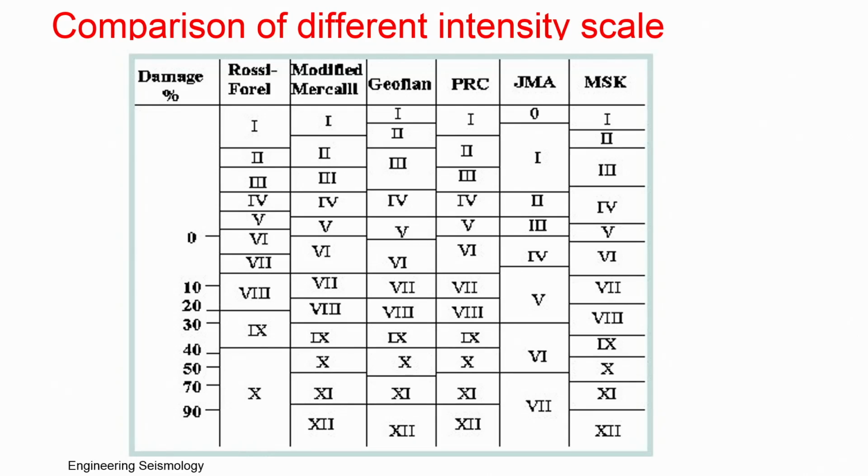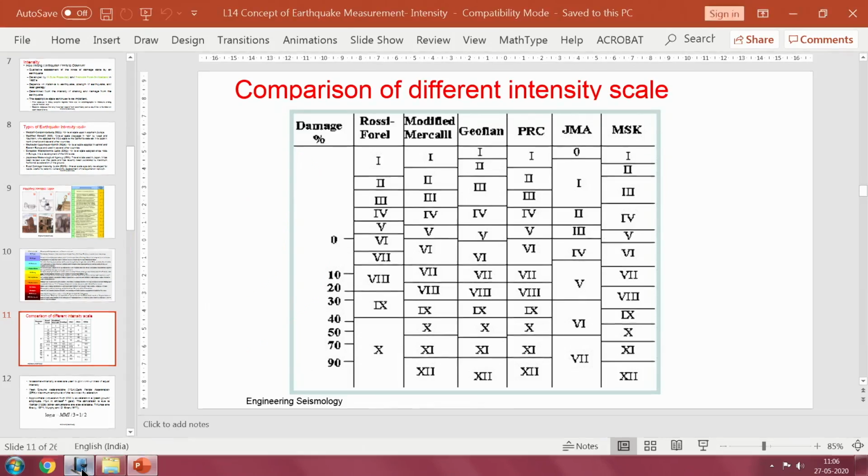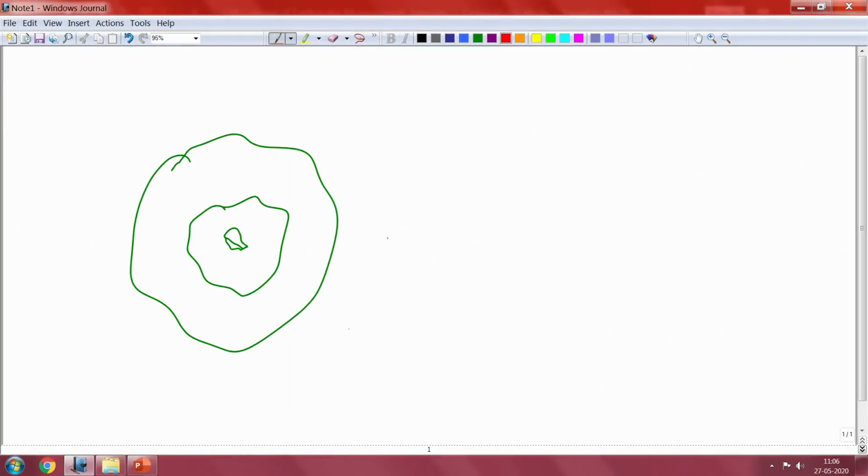If the magnitude of the earthquake is, for example, M equal to 7, which occurred at a distance from your place of, maybe, D equal to 100 kilometers, then if you know the isoseismal maps, where that 100 kilometers falls, you can know what intensity you are expecting at that particular place.